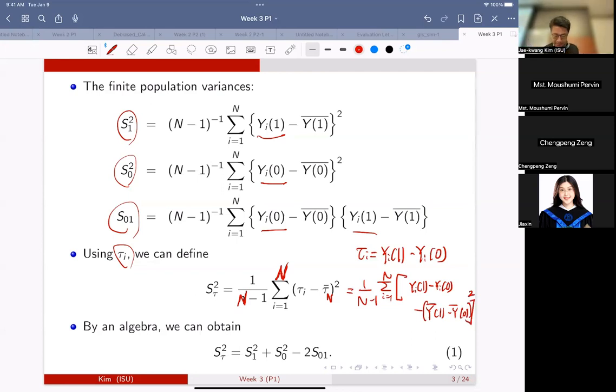So then you can expand. I don't have space, so let me write it on the next page.